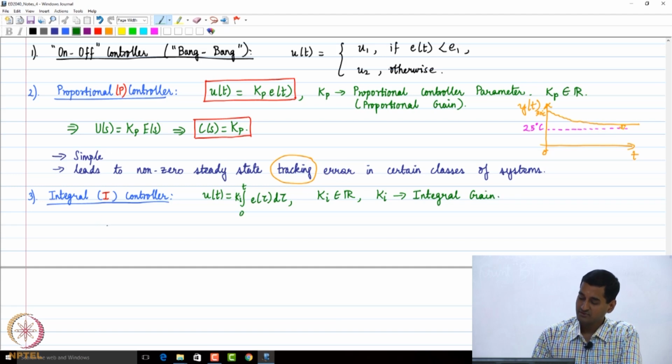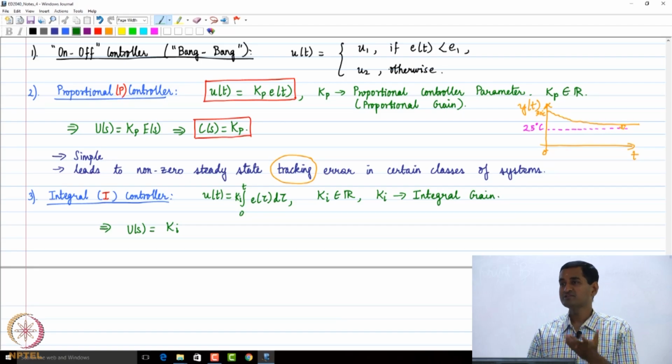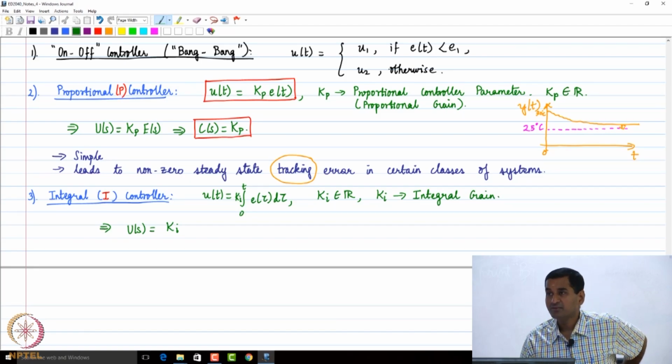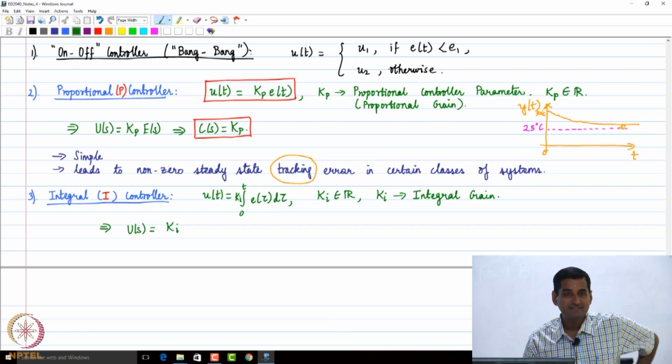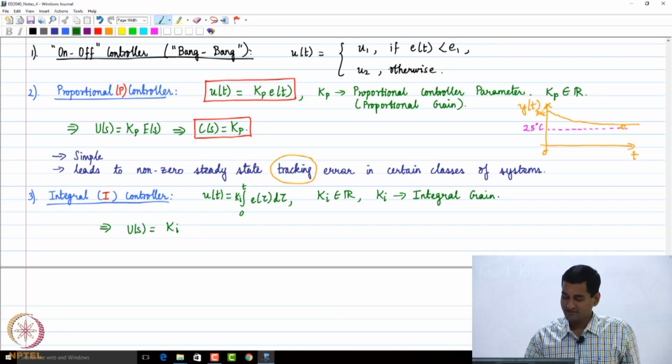If we take the Laplace transform, what happens to this? Using the real integration theorem, what is the Laplace of the integral from 0 to t of e(tau) d tau? It is E(s) by s, so 1 by s gets multiplied.